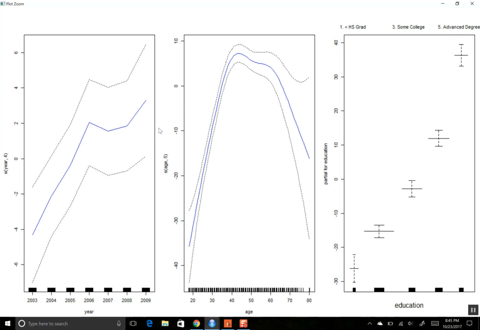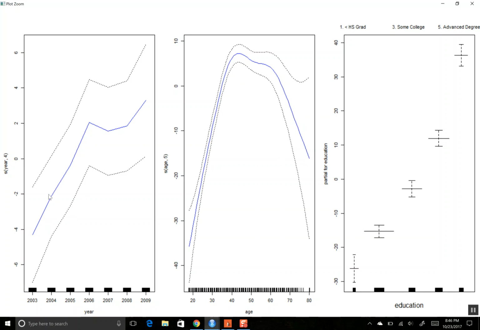This shows the relationship between year and the wage, age and the wage, and education and the wage. Maybe this is a little bit exaggerated because it takes up the whole vertical screen, but this is what we see: as age goes up, the wages go up, and then they level off, and then they decline after retirement age.